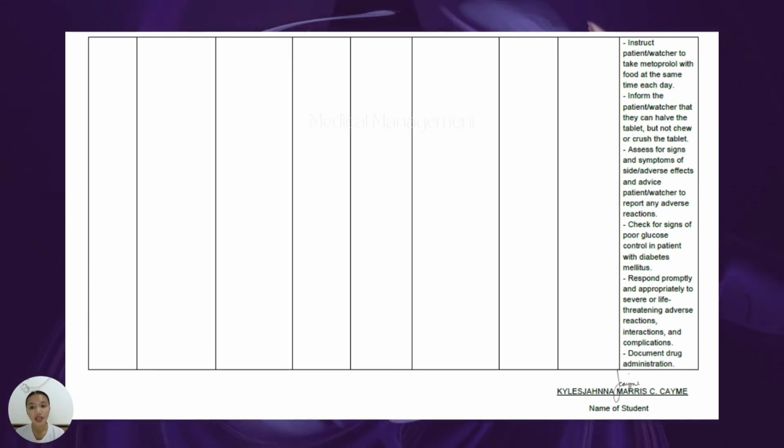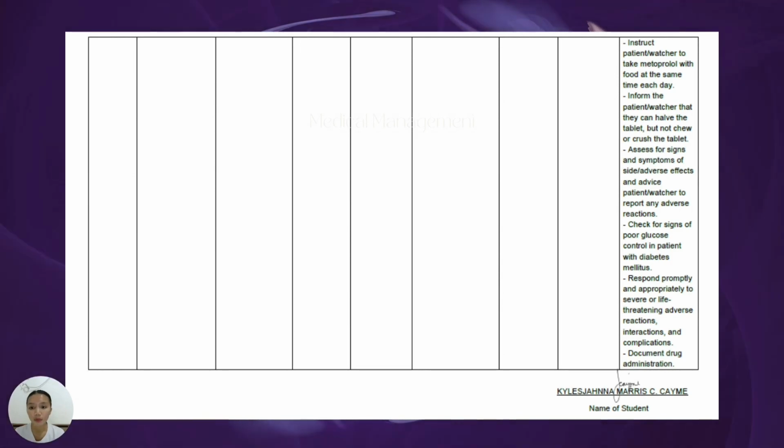And then assess for signs and symptoms of side or adverse effects and advise the patient or watcher to report any adverse reaction so that we are able to document it or notify the head nurse or the physician about the condition of the patient, and also to have an immediate response to the adverse effect that the patient is experiencing.